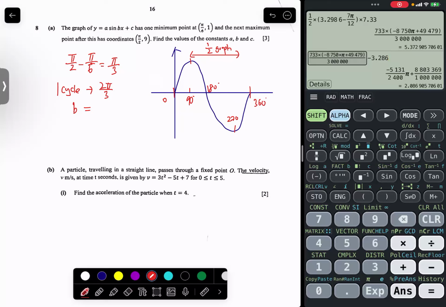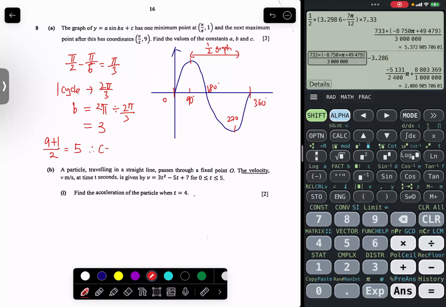Then b equals 2 pi divided by 2 pi over 3, equals 3, because it will complete one cycle in 120. Then the maximum and minimum are 9 and 1. So 9 plus 1 divided by 2, the middle line is 5.